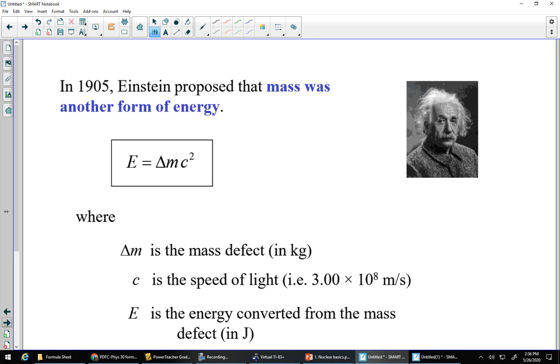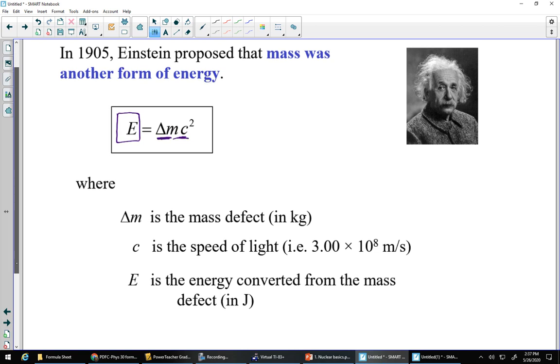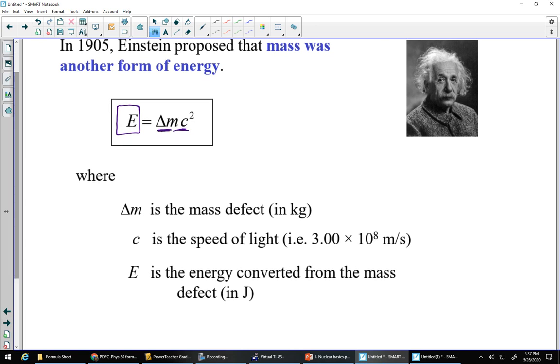So where does that mass go? Well, it's Einstein, and this is where we get into Einstein's most famous equation of all, E is equal to mc squared. Einstein proposed that that mass was actually just another form of energy. And the formula that explains that is the energy from the mass defect is equal to delta m c squared, where delta m is the mass defect, has to be in kilograms, c is the speed of light, and E is the energy, and has to be in joules.